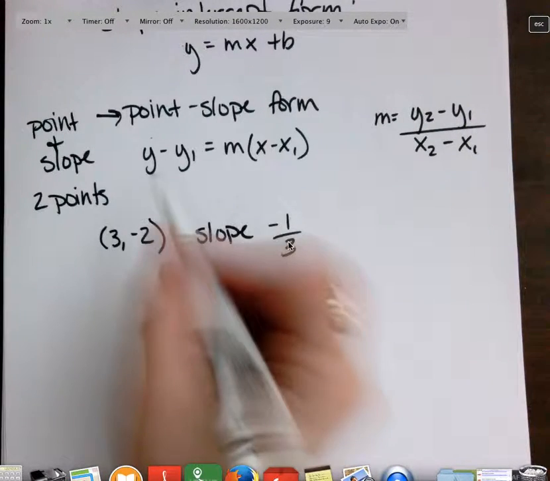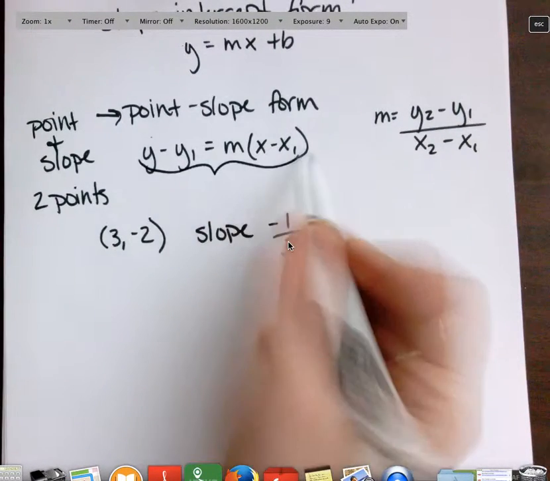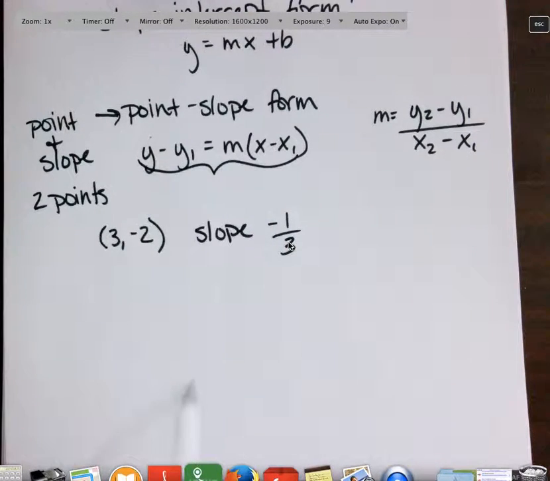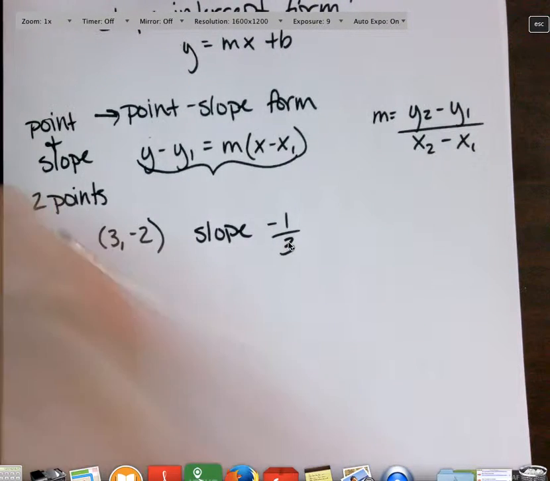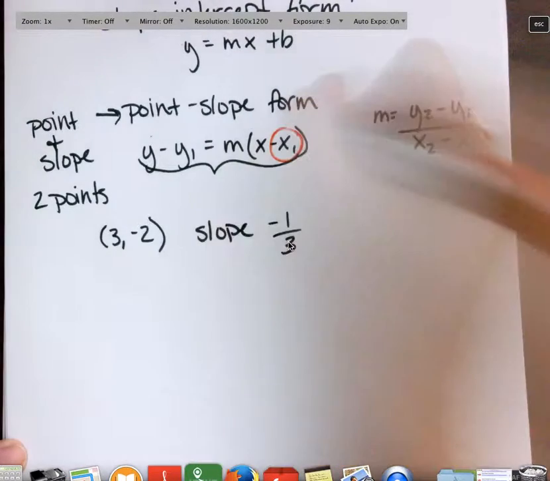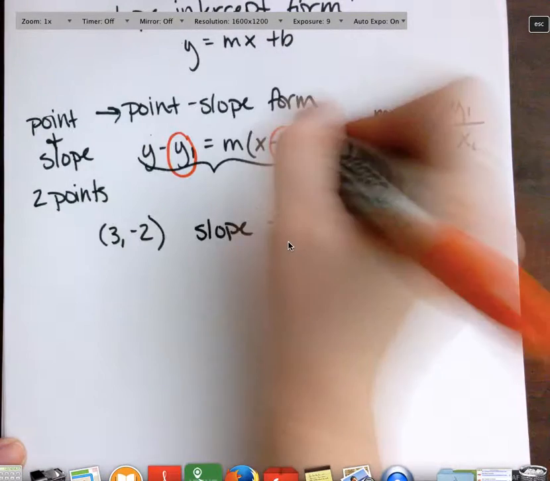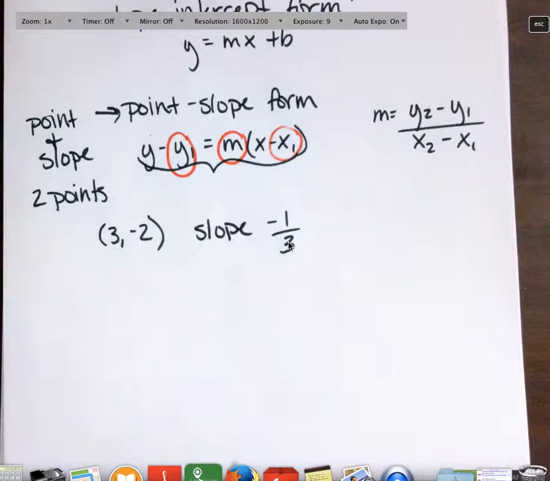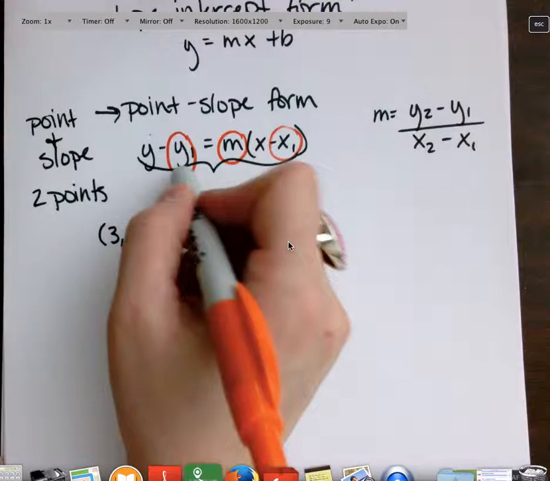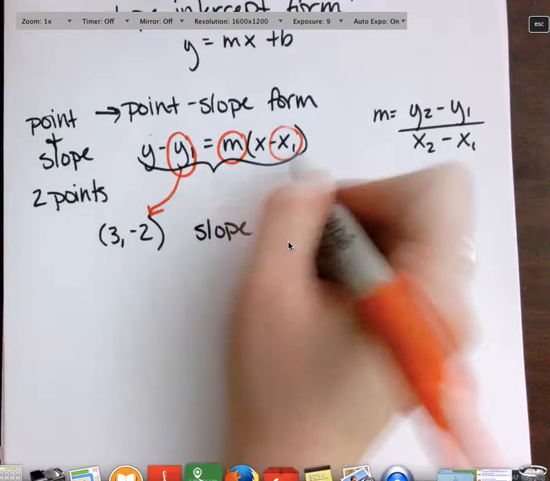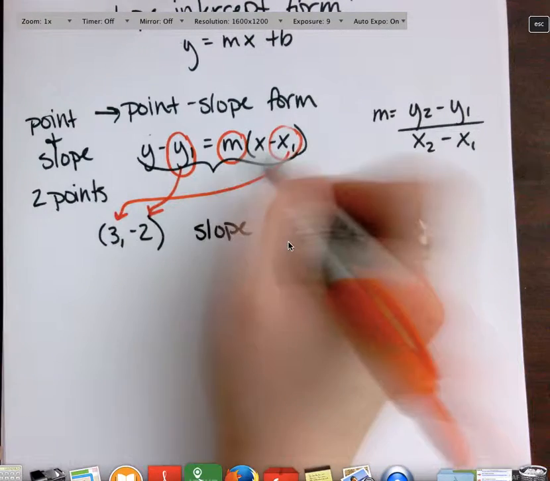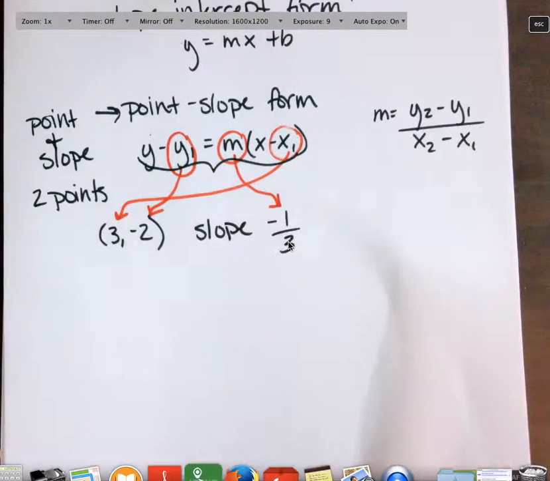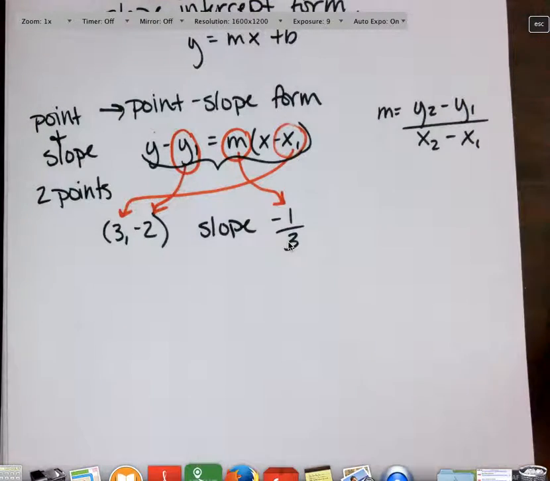I need to take my formula and plug in the important information that we have. And the important information is my x1 value, my y1 value, and my slope. And I get those directly from the point that's given to me and the slope that's given to me. All right?